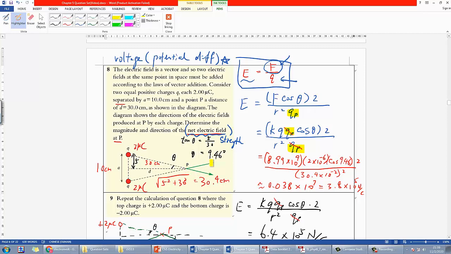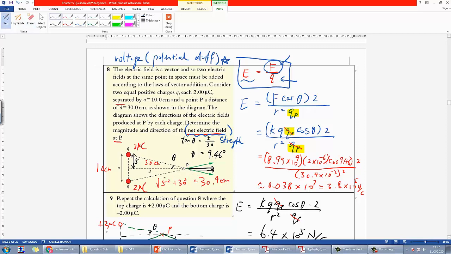If you look at these two arrows, you'll find that they are vertically symmetrical. That means if you decompose them, the one at the top has a component going upward and to the right, and the green arrow at the bottom also has a horizontal component going to the right and then down. So these two vertical ones, one up and one down, simply cancel out.